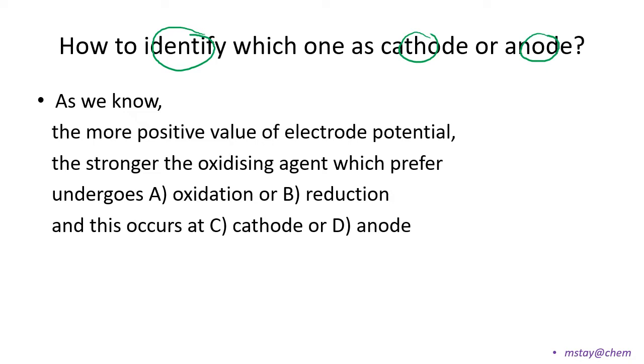As we know, the more positive value of electrode potential is the stronger oxidizing agent, meaning it will undergo reduction, which always happens at the cathode.